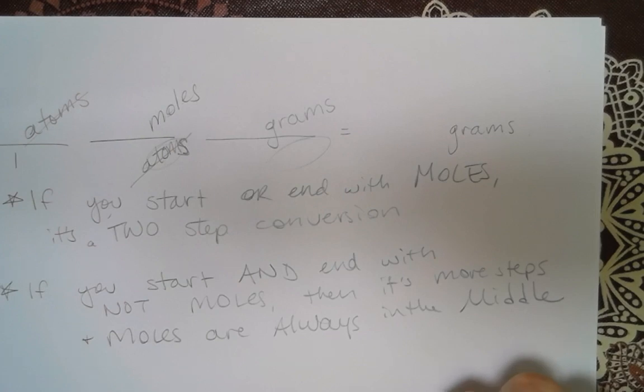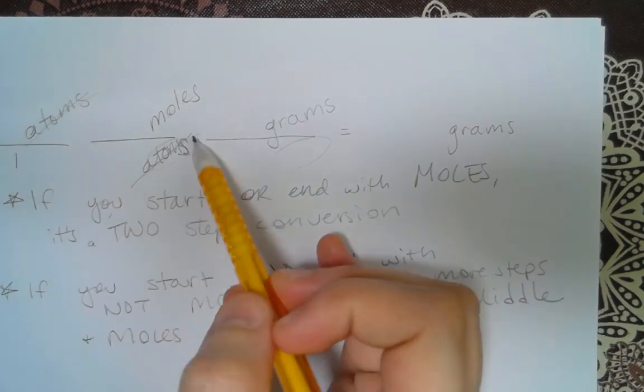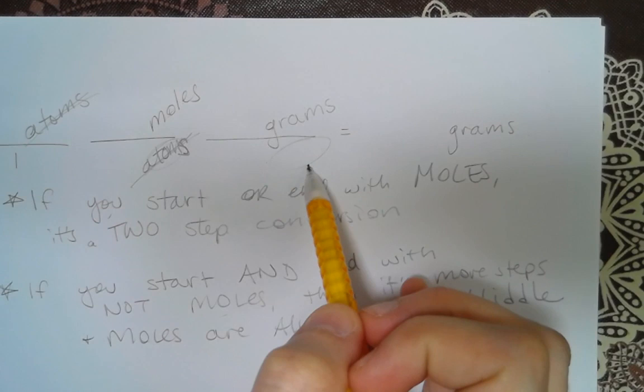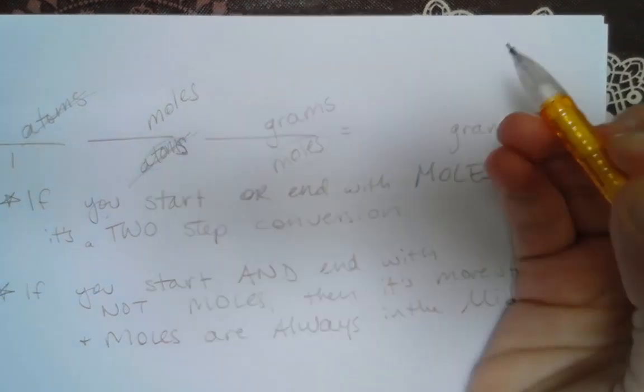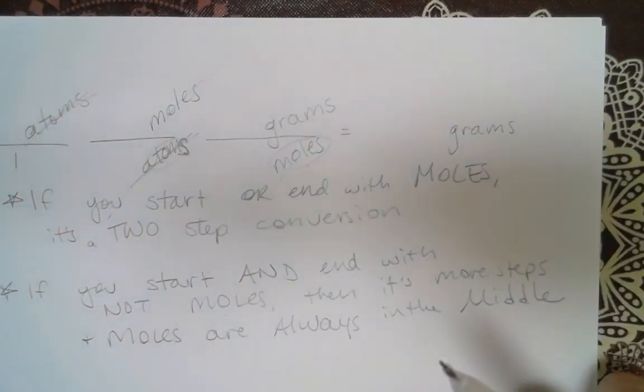Kids here. Sorry, somebody mouthed the answer last time. So you're going to start with atoms, cancel out atoms. You've got moles. You're going to cancel out your moles also. And you're left with grams on top.